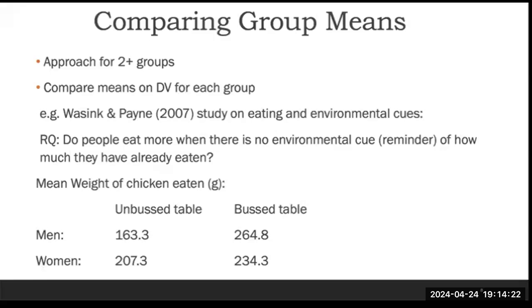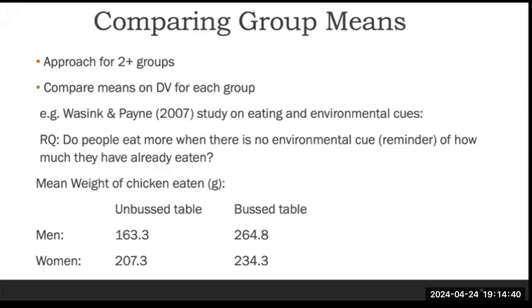So if you look at this, men ate 163.3 grams of chicken wings when it was unbussed, meaning they saw the bones. In a bussed table, they ate 264.8 grams. So they just kept eating when they weren't seeing how many bones there were.